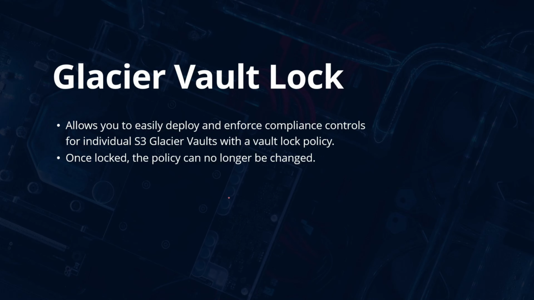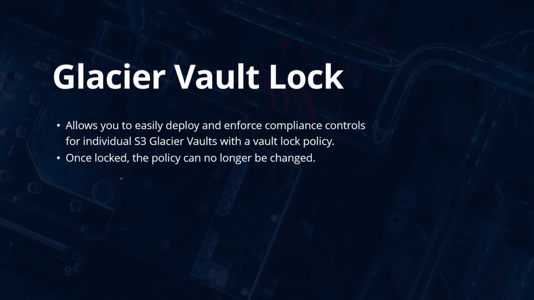Now, coming to the final slide that we have here, called Glacier Vault Lock. This is for when you have objects in the Glacier related storage classes. That's where Glacier Vault Lock comes in, where it basically allows you to easily deploy and enforce compliance controls for individual S3 Glacier vaults with the vault lock policy.